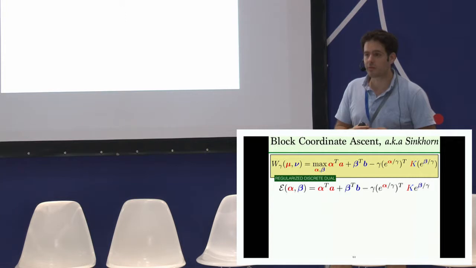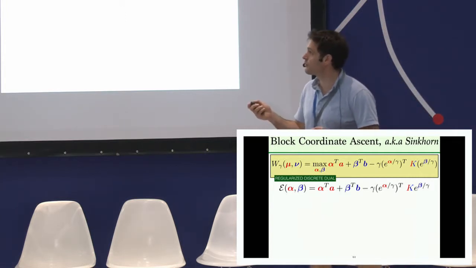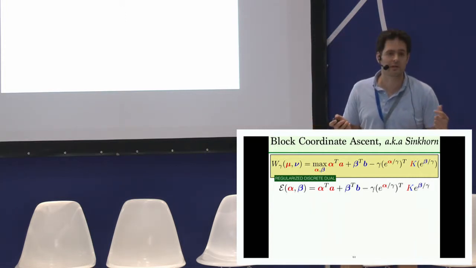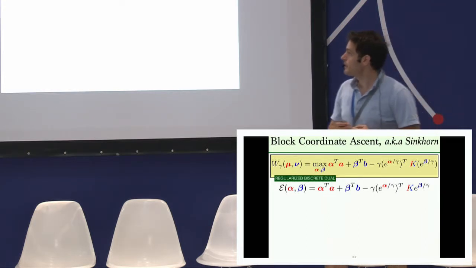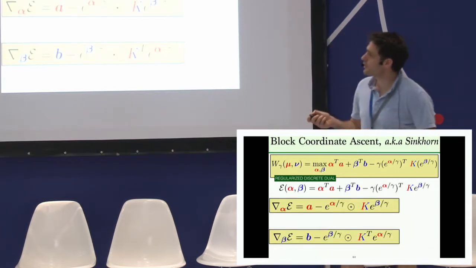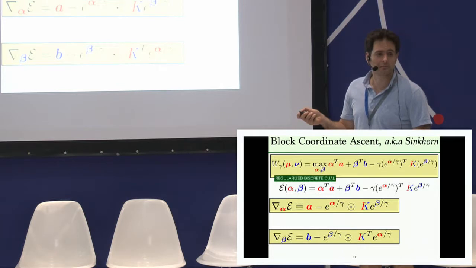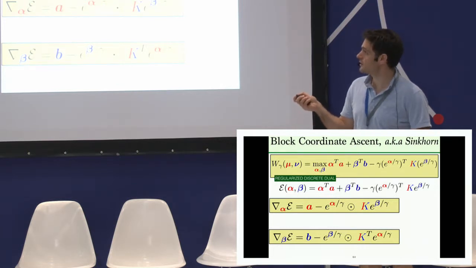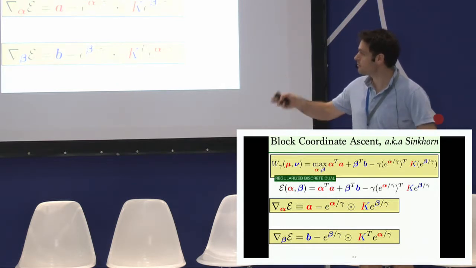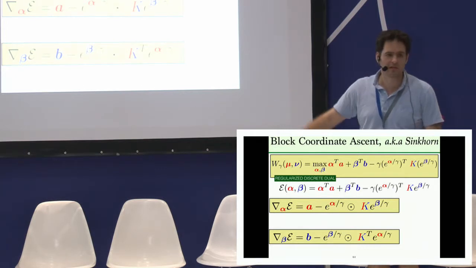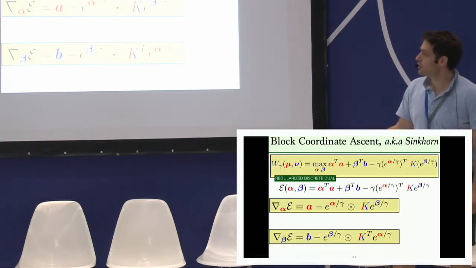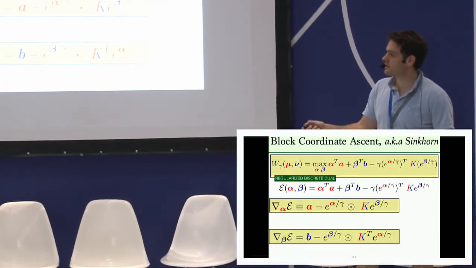What is block coordinate optimization? Essentially, I'm just going to freeze one of the two variables, beta or alpha, and do my best to optimize with respect to the one that I'm not freezing. If you compute the gradient of this energy with respect to only alpha, you get this thing. It may not be obvious, but it's basic computation. And if you compute the gradient of this energy with respect to beta, you get this thing.